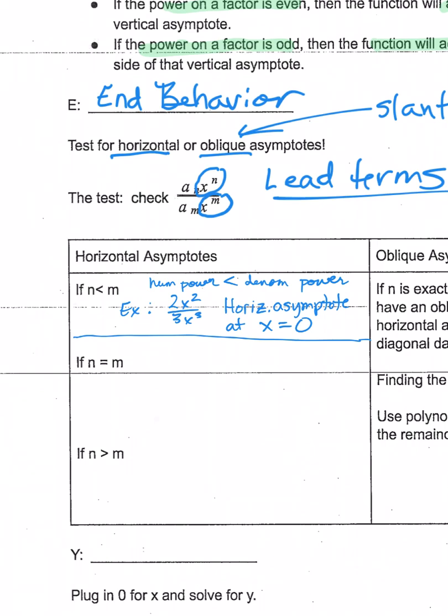Well, if the bottom gets bigger in that fraction, what is that fraction going towards? 0. Think of it as 2 over 10, 2 over 100, 2 over 1,000, 2 over 1,000,000, 2 over 1,000,000,000. What is that number going towards? Big fat 0, isn't it? So do you see why the horizontal asymptote is the x-axis.